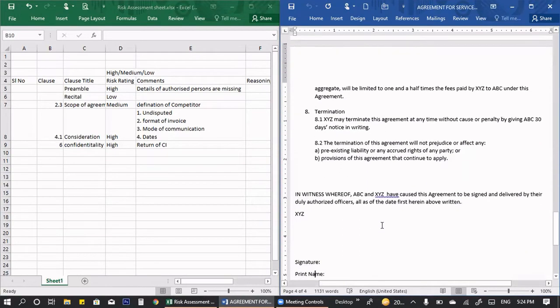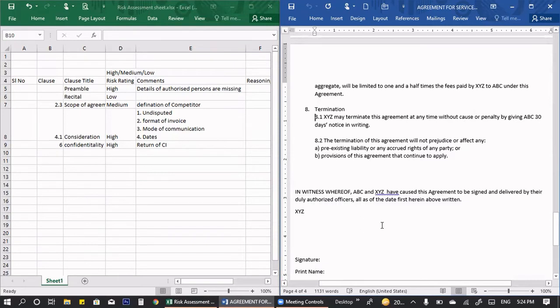And next, here I come directly to the termination. XYZ may terminate this agreement at any time without cause or penalty by giving ABC 30 days notice in writing. Now, I would mention this clause and flag it as high, because this is a unilateral clause.